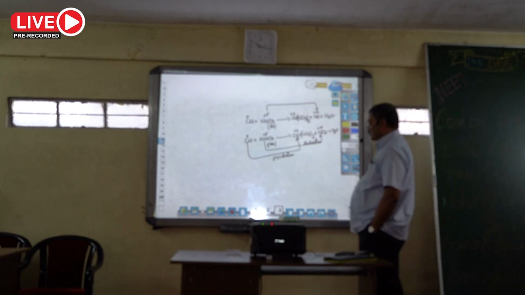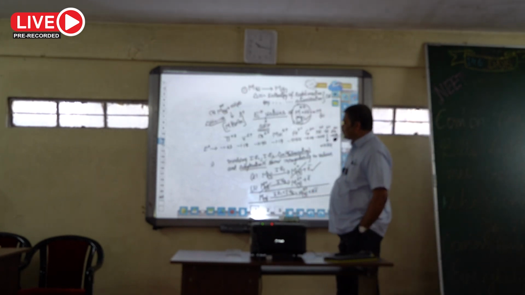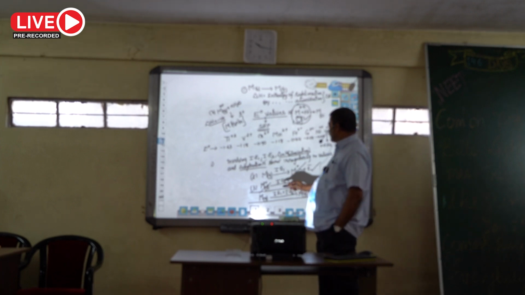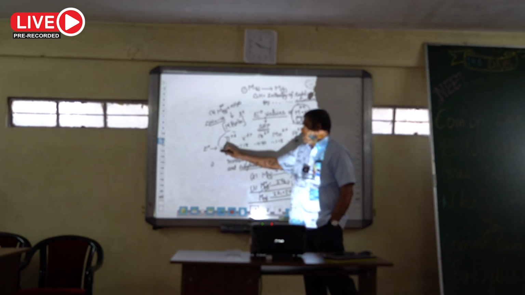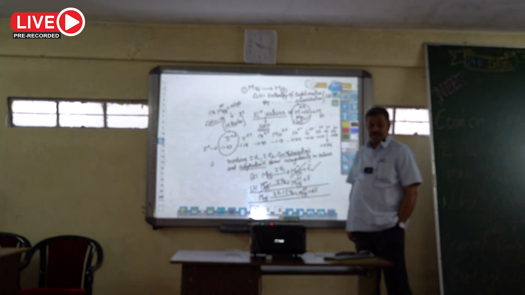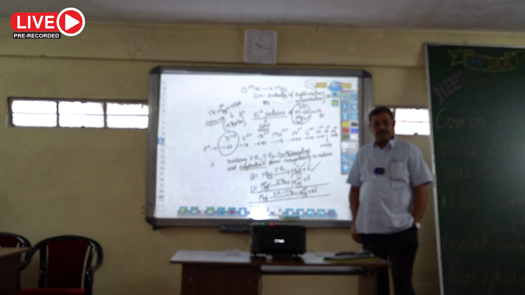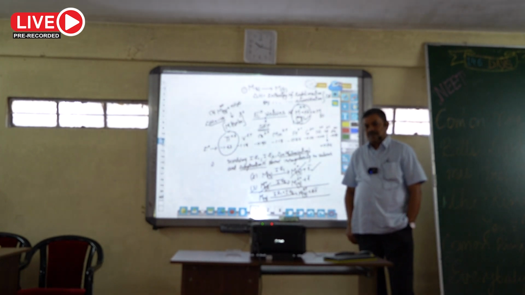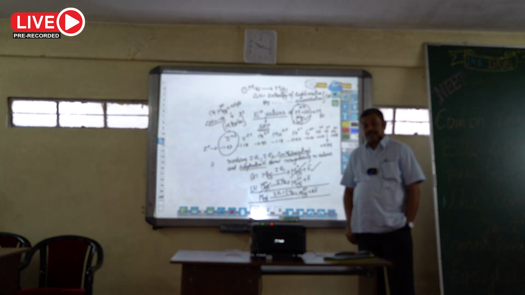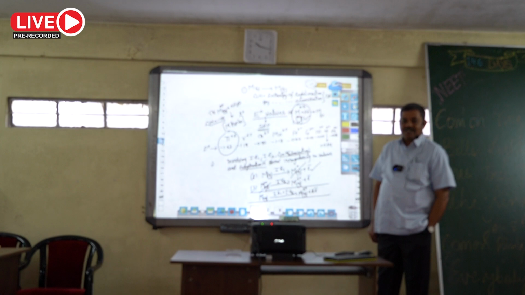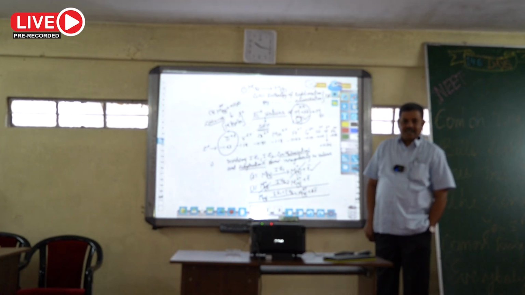Suppose if we see the entire series, which is having the highest negative value of SRP? Titanium 2 plus. This is having the highest negative value of standard reduction potential. Higher the negative value of SRP, easier it undergoes oxidation, means it is a good reducing agent. The one which is undergoing oxidation will act as a reducing agent.